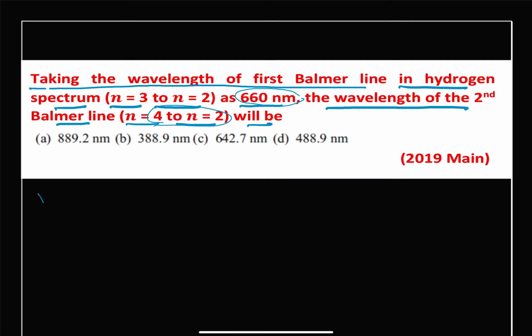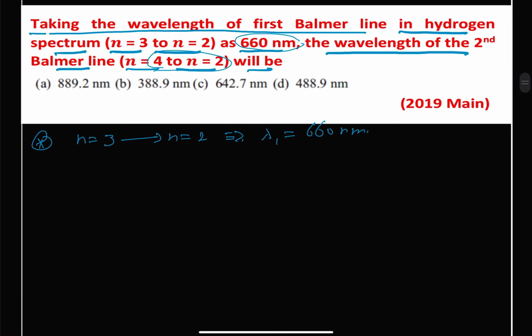So when the transition is from n=3 to n=2, let us suppose the wavelength is lambda 1, which is 660 nanometer, and for the second one, when the transition is from n=4 to n=2, let us suppose the wavelength is lambda 2, which we are supposed to find out.